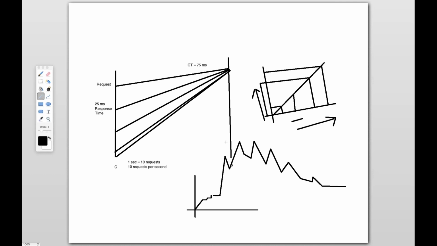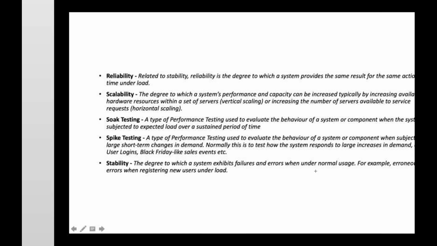So on Friday, Saturday, Sunday, you can see the spikes over here. It means your system is getting a lot of users, and that's why it's taking some time accordingly. So this is the spike testing that we have to check.